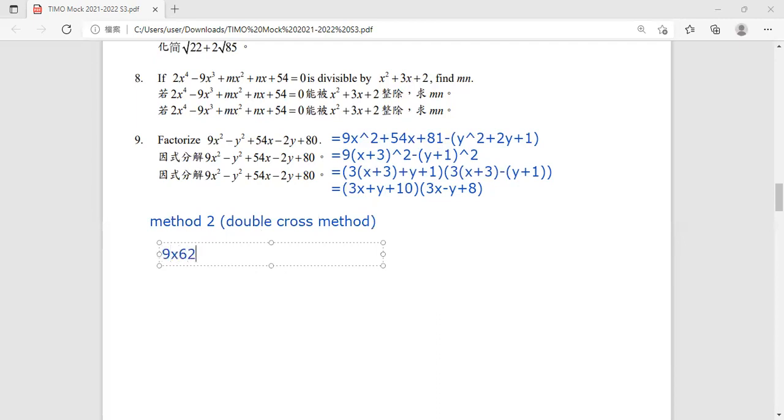So you just take away the x and the y. Take away x. So I have this one, and I have another thing, this. Now I use the cross method to factorize these two first. How can I do the first one?